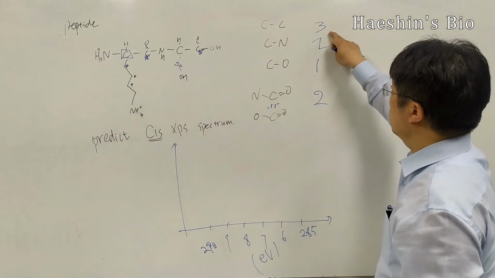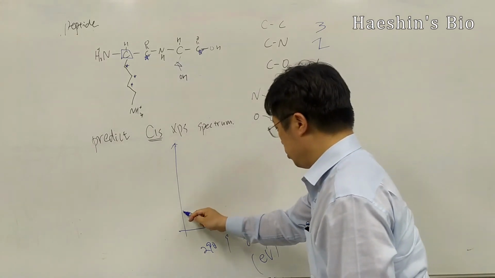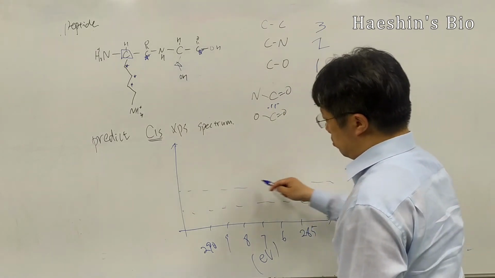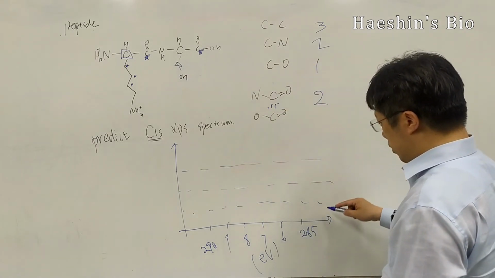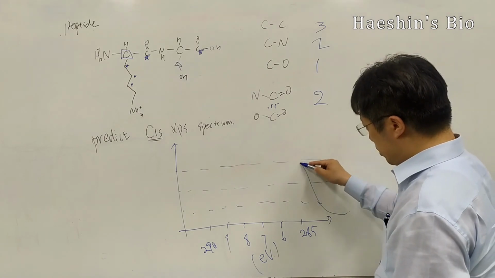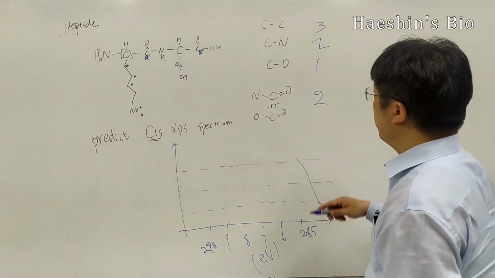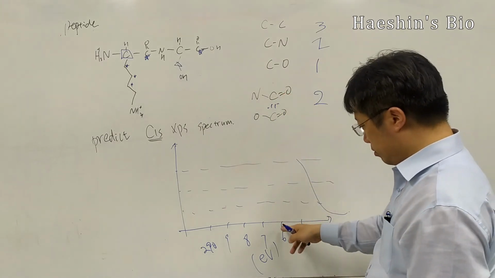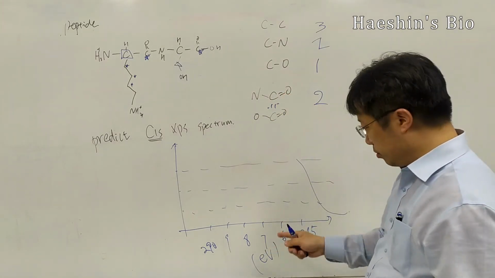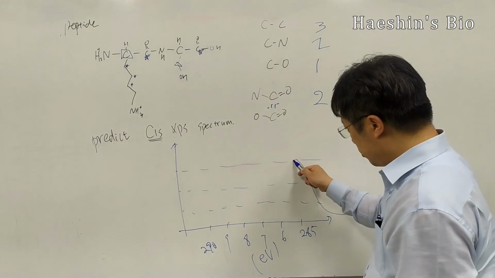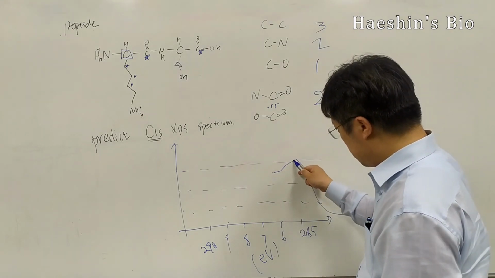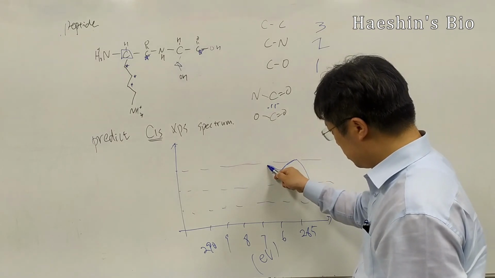Then this one is number 3. So I'll do 1, 2, and 3 spectrums maybe like this. And then C and CO is chemically about here. I don't remember the table number, but it's about here. So then you have, say, about this, like this.